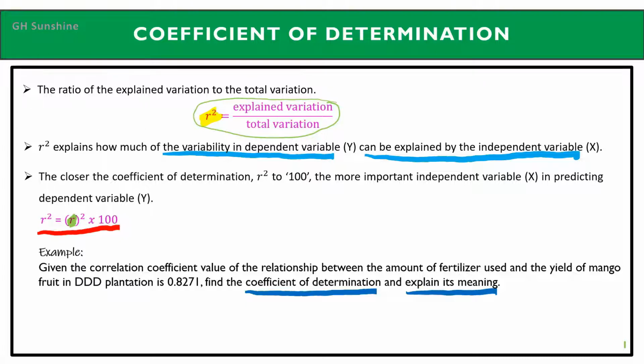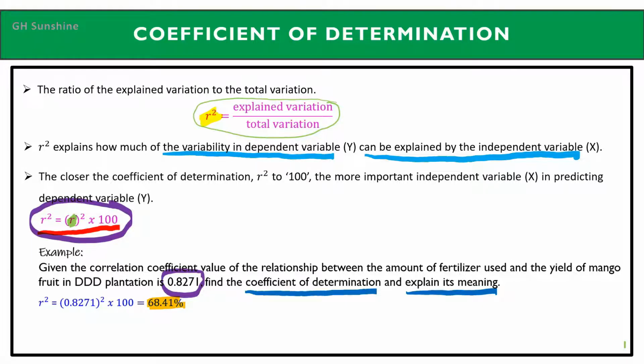This means you need to calculate R squared based on this information, 0.8271. Therefore, R squared equals 0.8271 squared times 100, which equals 68.41%.